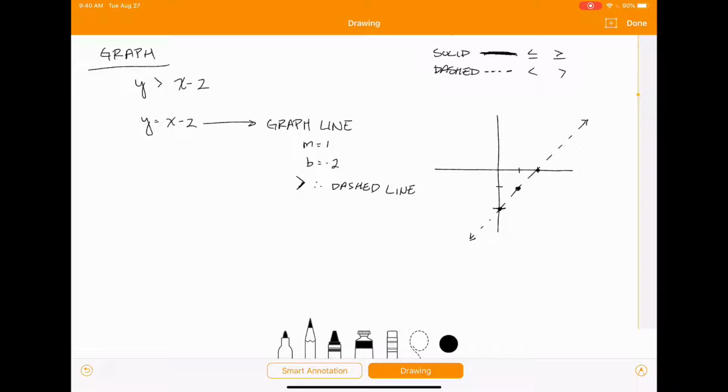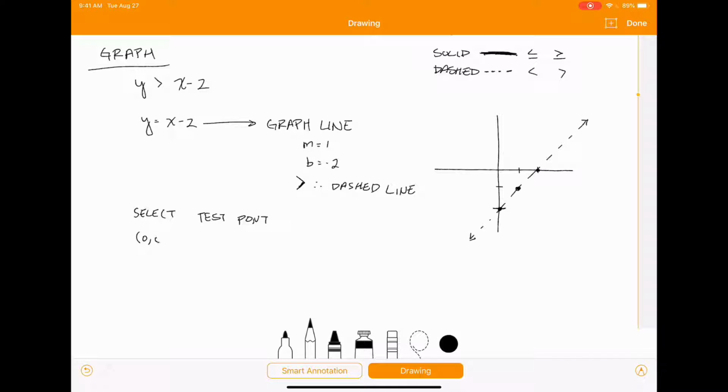Now we're going to have to shade one of the sides of this line. So either the top or the bottom of this line is going to be shaded because it's an inequality, right? So in order to figure out which side you're going to shade, we're going to use a test point. I like to choose something easy, so like 0, 0, or like 1, 1, or something like that that's just really simple to plug in.